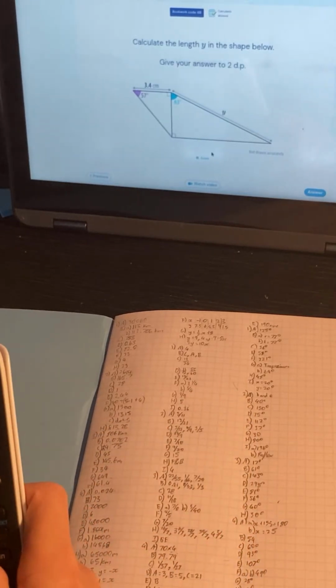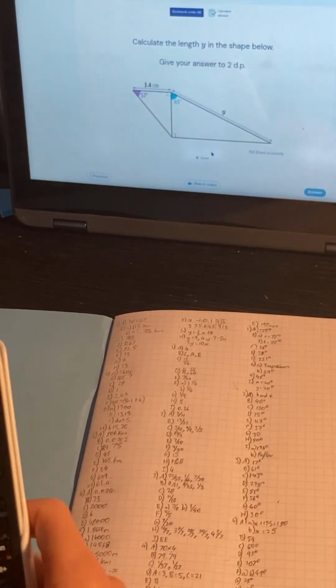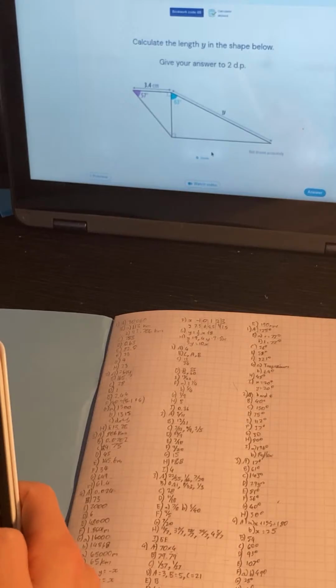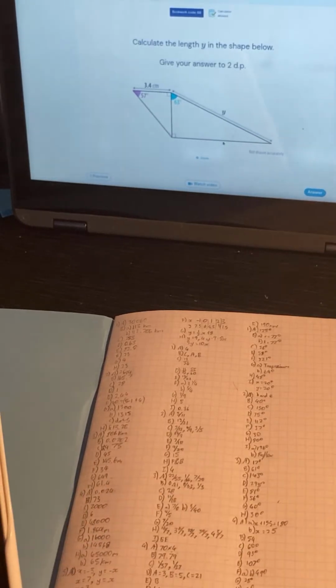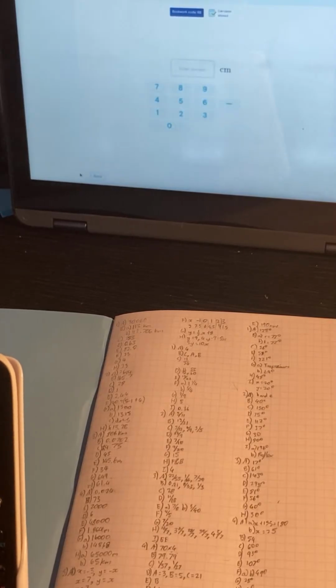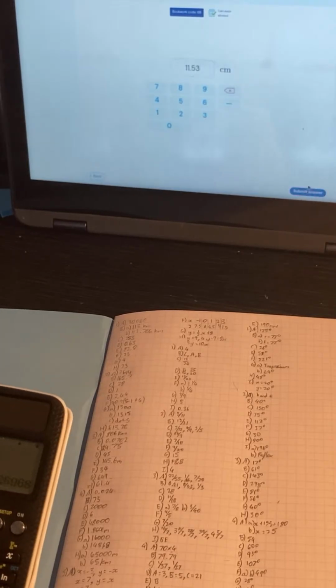That's cosine. Trying to figure out hypotenuse. So it's that over cosine 6.3. Should be correct. What dp? 2 dp. 11.53.